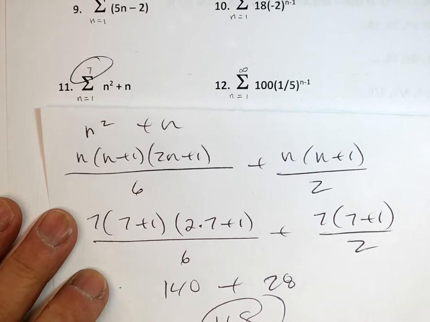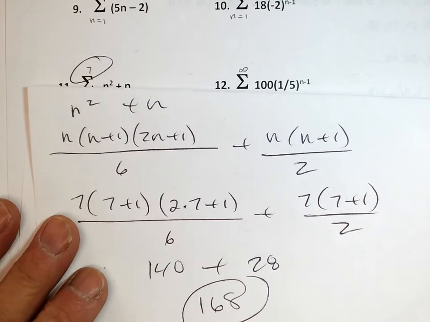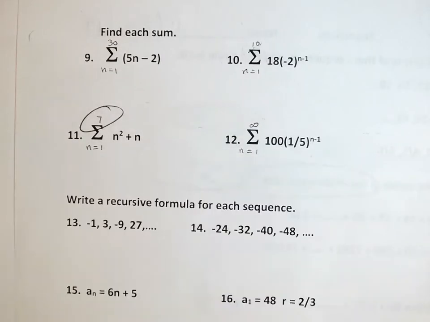Autumn asks, I don't get the plus n plus 1 over 2. Why are you adding the second? Right. So what I'm doing is this. I'll do it real quickly. If I plug in 1, it's 1 squared plus 1, right? Plus, if I plug in 2, it's 2 squared plus 2, right? If I plug in 3, it's 3 squared plus 3, right?